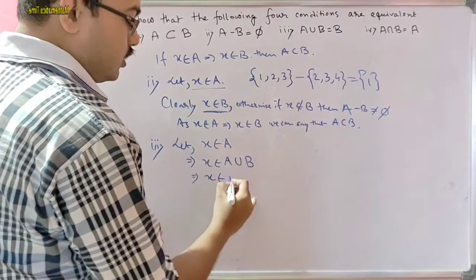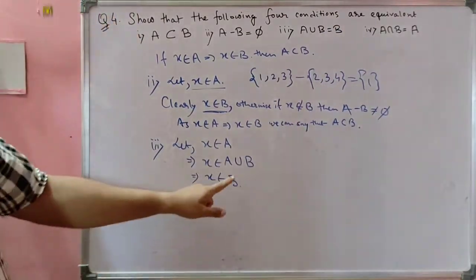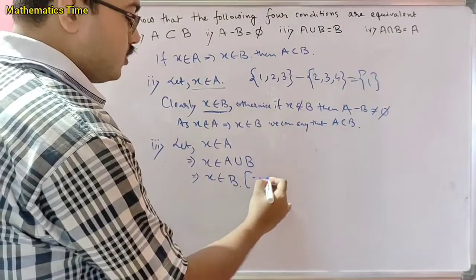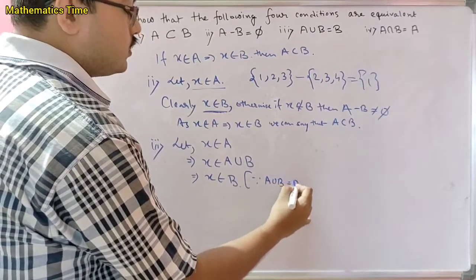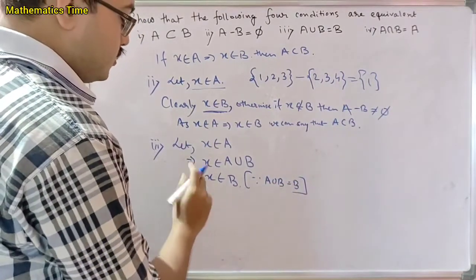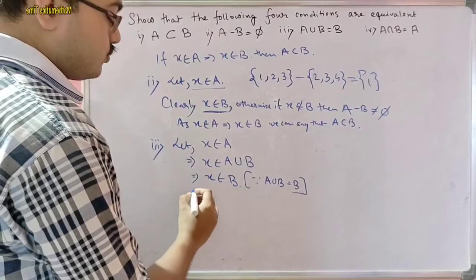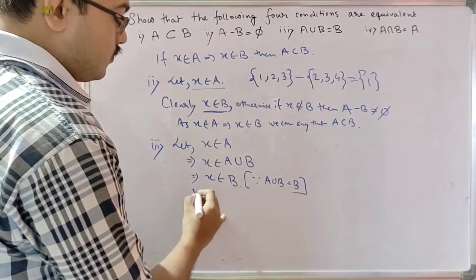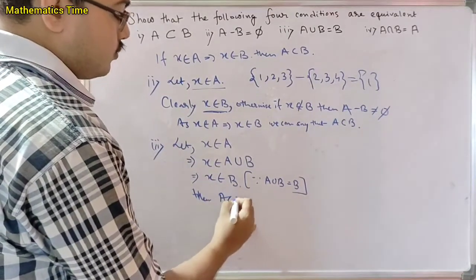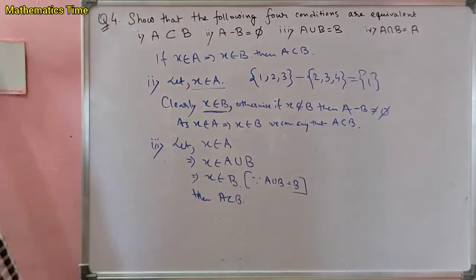It is B. So x belongs to B, since A union B equals B, given in the statement. As x belongs to A implies x belongs to B, A is a subset of B.